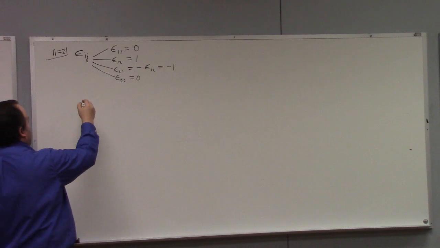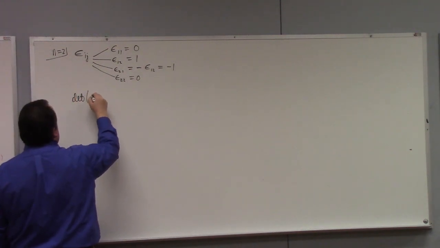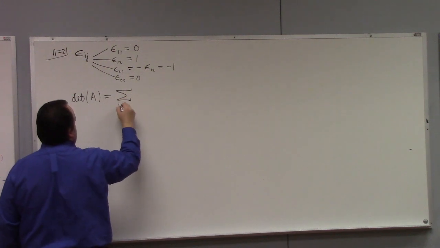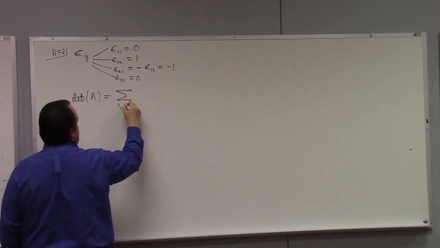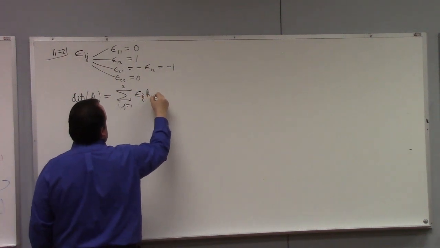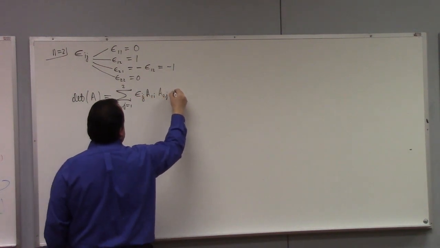And if you look at how the determinant formula works for n equals 2, you've got the sum over i and j from 1 to 2 of epsilon ij a1i a2j. How does that work out?